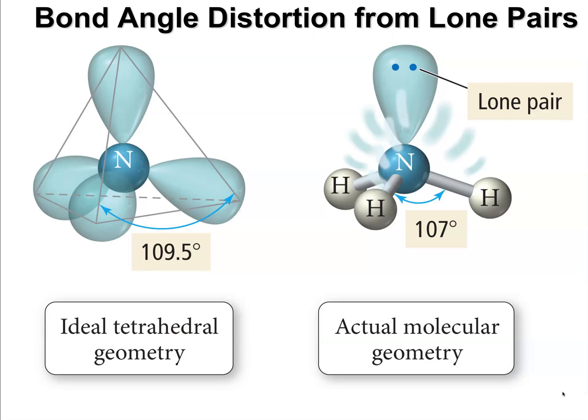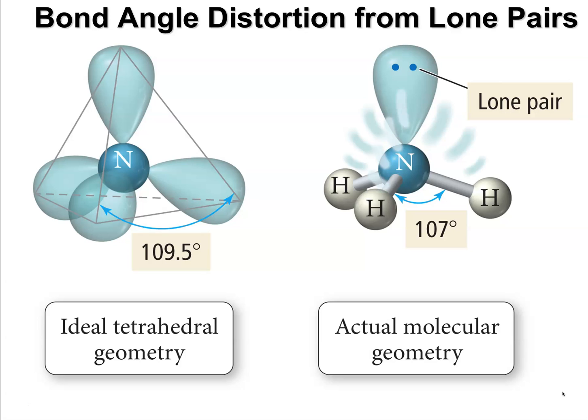So, for example, let's take ammonia. On the left-hand side, we can see from the electronic geometry, it's tetrahedral, 109.5. But because it has a lone pair, on the right-hand image, giving us an actual molecular geometry of trigonal pyramidal, that lone pair has a greater repulsion with those bonded pairs of electrons, more so than the bonded pairs have between each other.